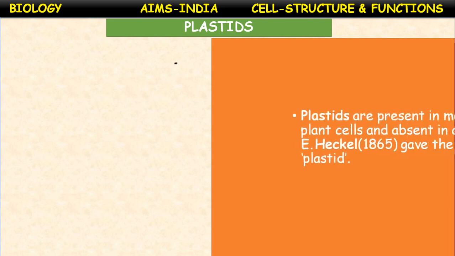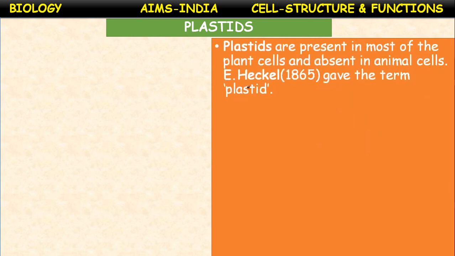Next, plastids. To study these plastids, there is one activity: the observation of chloroplasts in Rhoeo leaf. Take a peel of Rhoeo leaf and mount it in water on a slide.